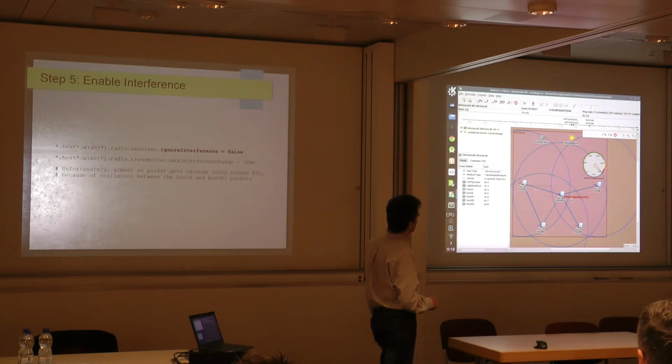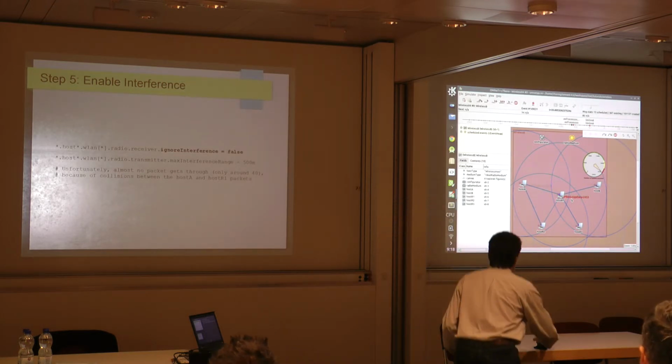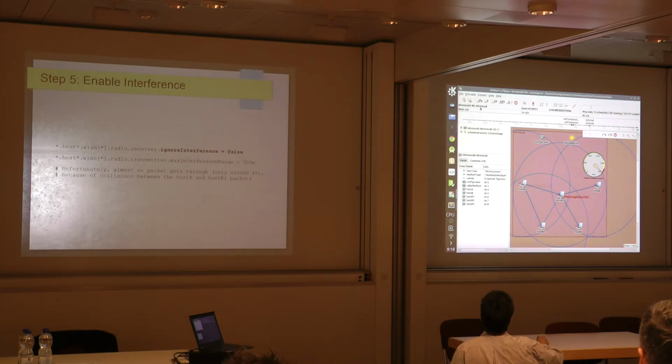That means host A's transmission directly reaches only host R1, but disturbs the reception of host B because it's above the 500. It's around here where the 500 range is. So we expect that it should be able to communicate.